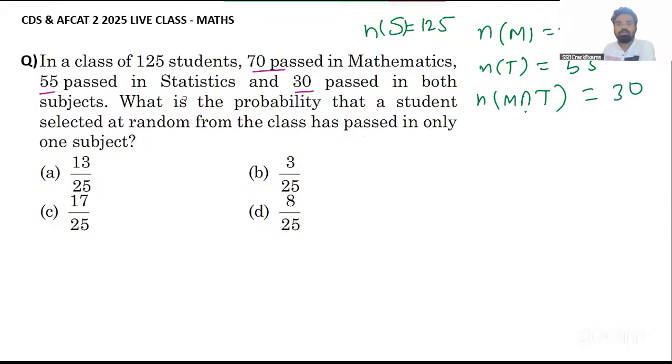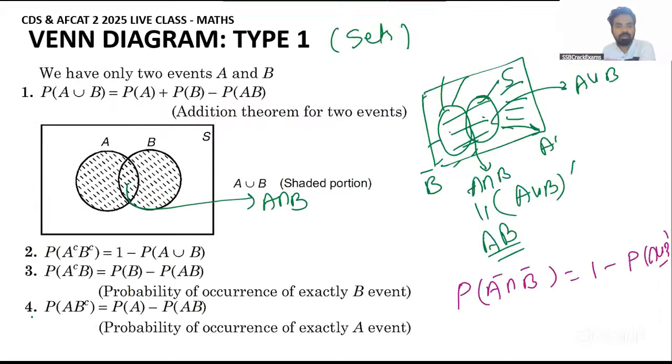So these are 30. What is the probability that a student selected at random from the class has passed in only one subject? It means that if he passed in maths, then he failed in statistics. And if he passed in statistics, then he failed in maths. So this is the case of this formula.